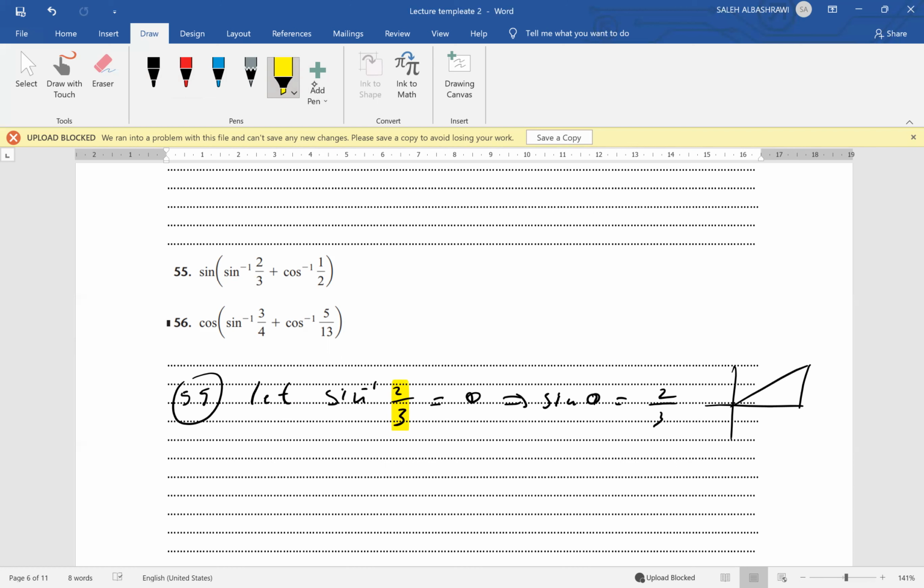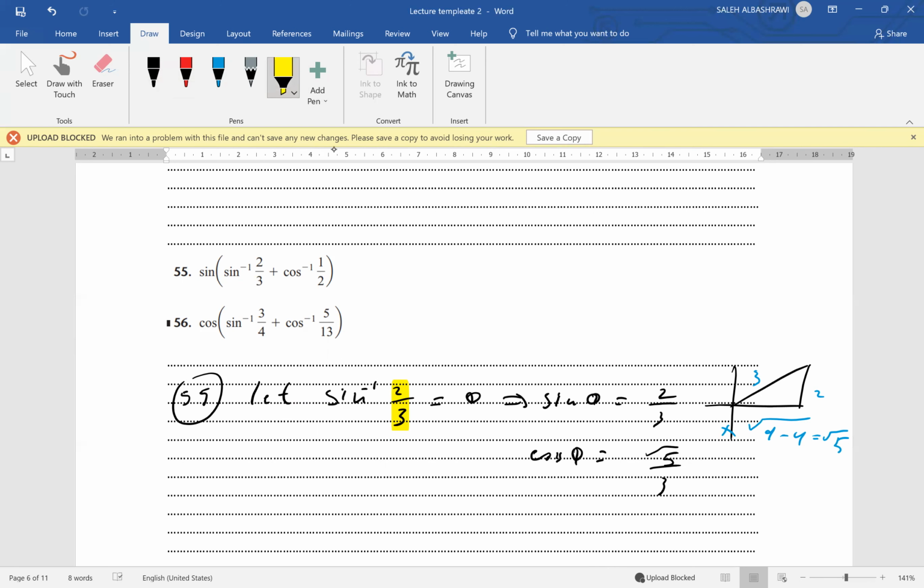So I have y and I have r equal to 3, y equal to 2. From this one, I will have x, which will give me the square root of 9 minus 4, which is equal to square root of 5. This will be x. From this one I can also find cosine theta. Cosine theta will be x over r, that will be square root of 5 divided by 3.